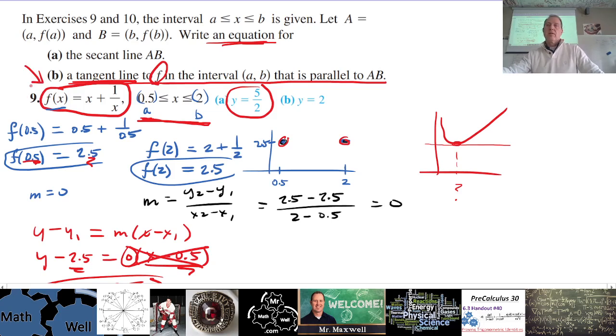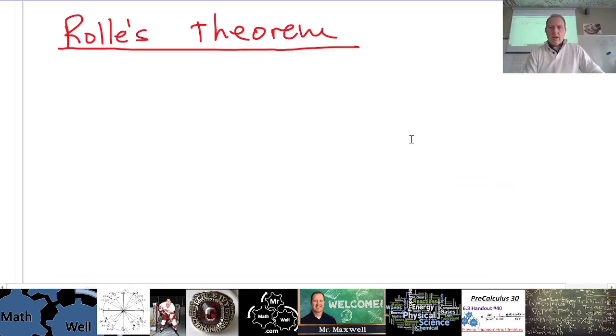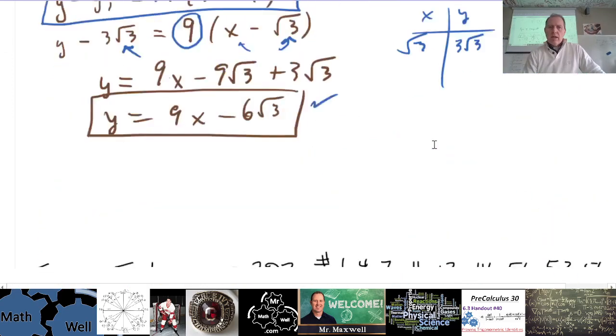Why wouldn't we use this? Well, you are kind of using that formula, the MVT formula, but we already know that the secant line connecting A and B is a horizontal line.